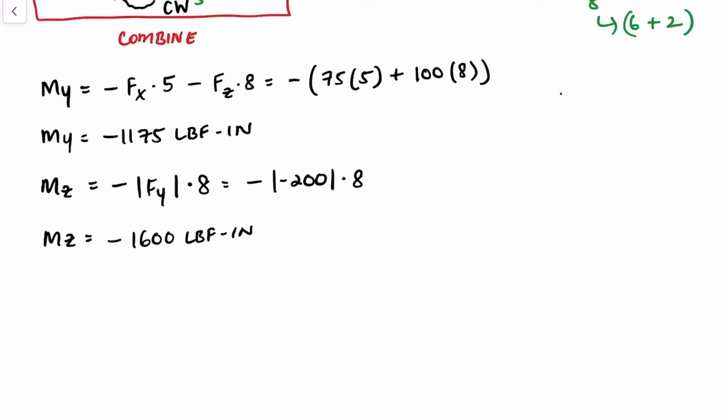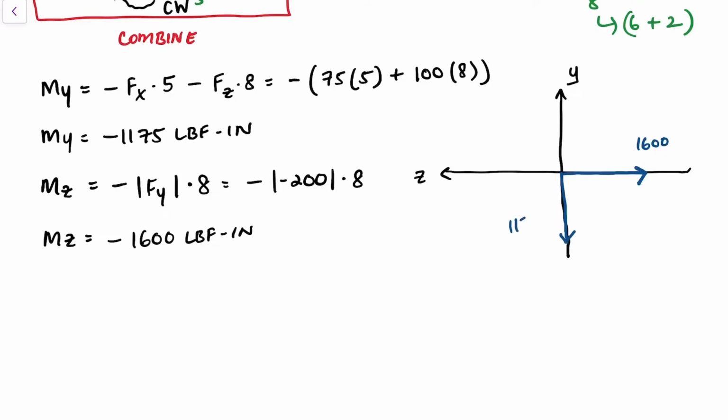So what that looks like basically is you have y pointing this way, z pointing this way, right? So you have negative 1,600 in the negative z, and negative 1175 in the y.